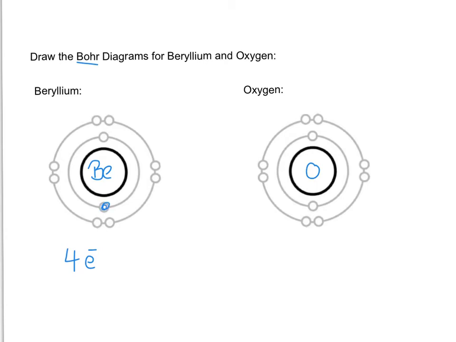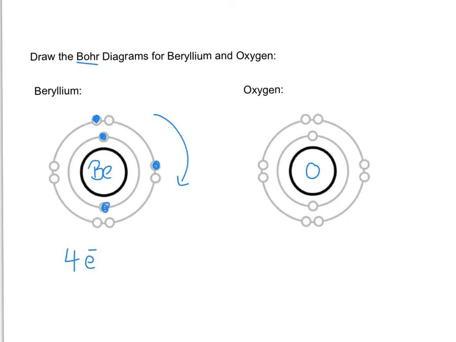So we're going to fill in the first 2 on the first ring, and then the second ring gets 2 electrons, but you put 1 at the top and then 1 at the right. We fill clockwise. When we get back to the top, then we start doubling them up.